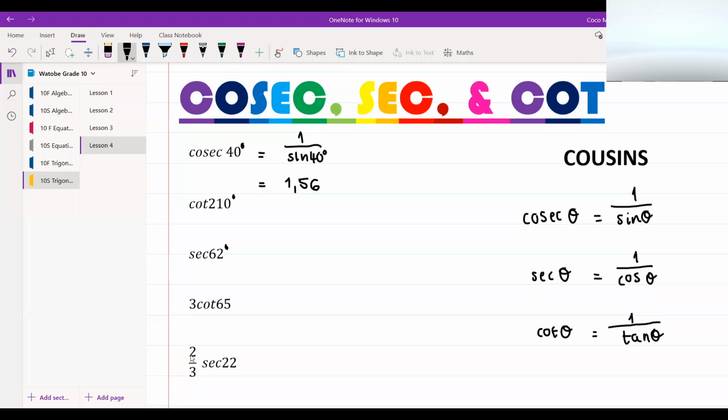All right, let's look at cot. Remember, guys, cot is 1 over tan. So we're going to go 1 over tan of 210 degrees. In this particular one, you don't need to click SD. Just give me the answer exactly the way it comes out.